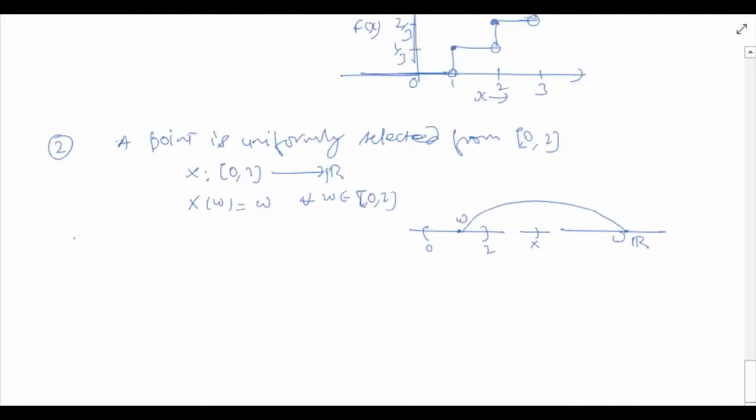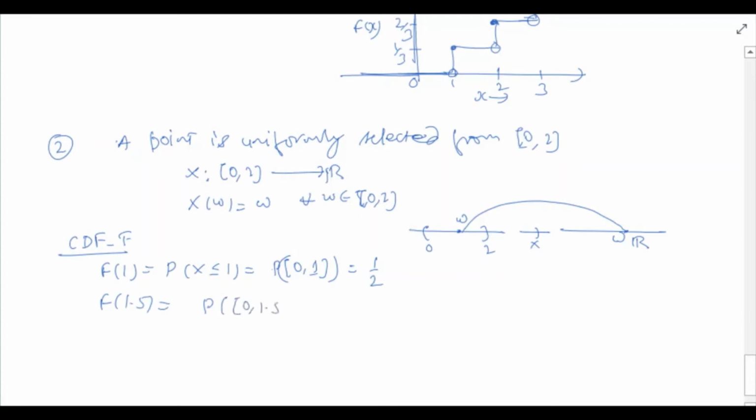In this case, we can define the cumulative distribution function F of the random variable X as follows. F of 1 will be the probability that X is less than or equal to 1, which is the same as the probability of the set 0, 1. And since the point is uniformly selected from 0 to 2, this probability would be half. Similarly, F of 1.5 will be the probability of the interval 0 to 1.5, and this will be 1.5 divided by 2.